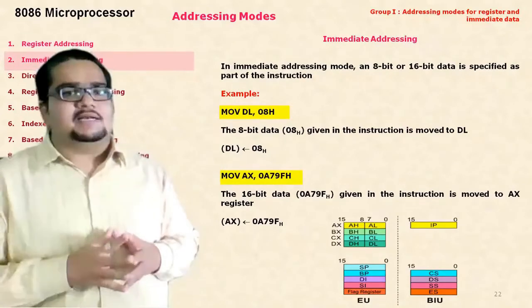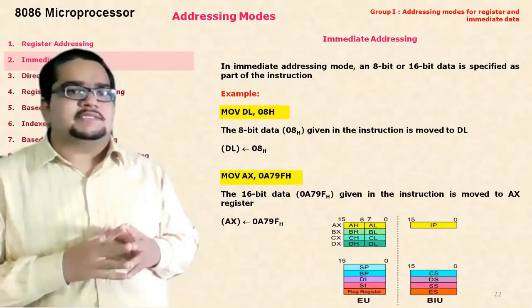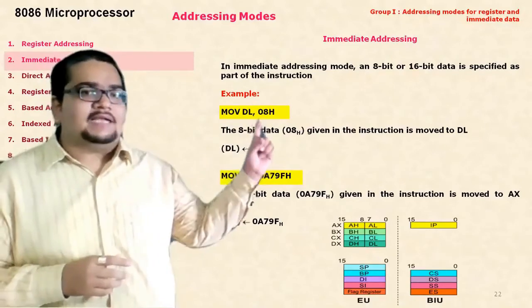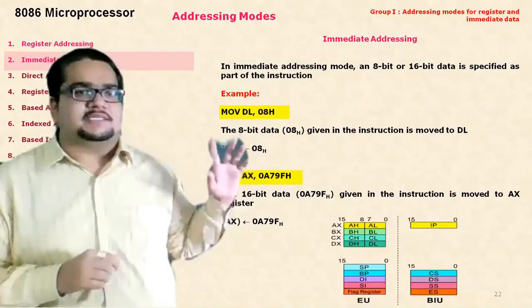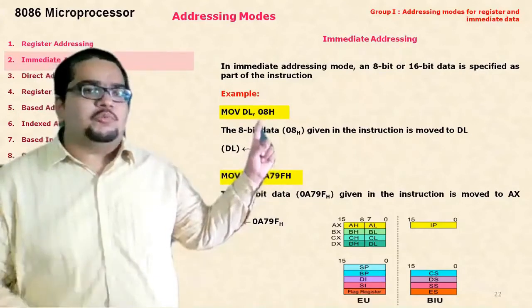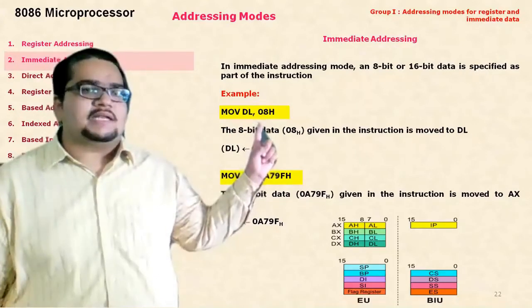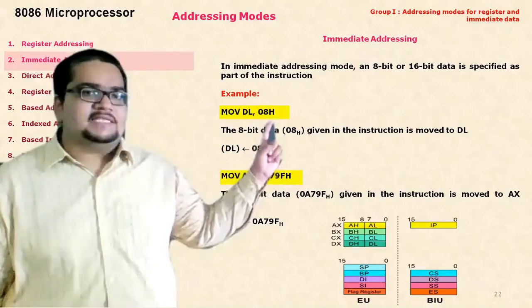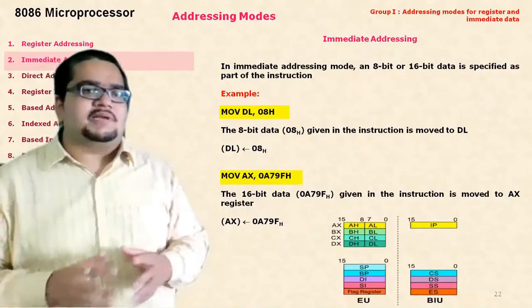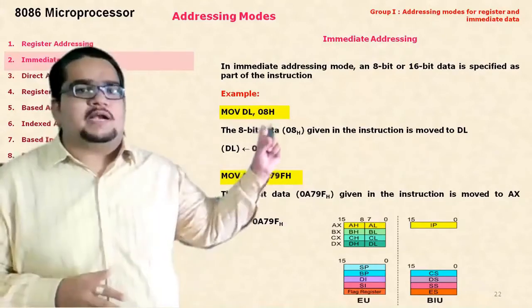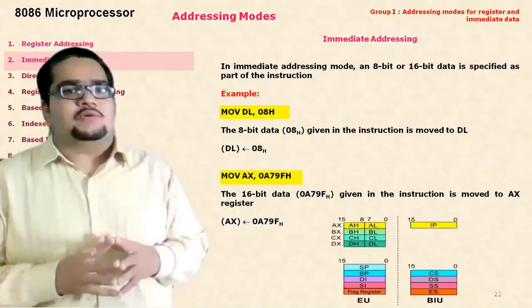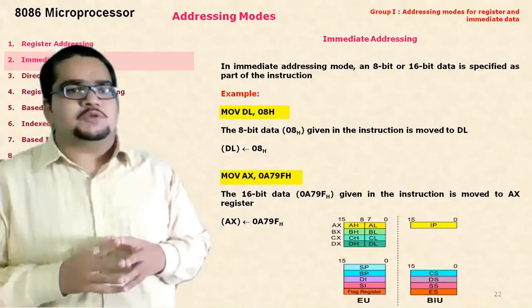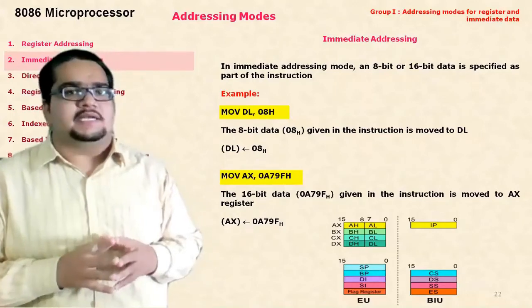Next is the immediate addressing mode. In the immediate addressing mode, we write the data, which has to be accessed, in the instruction itself. For example, we have to move this data here. The data is 08H. That H is an indication that the number is hexadecimal. If you do not write H, the number will be taken as a decimal number. That is a general notation. We will get to know about these notations while we write programs.